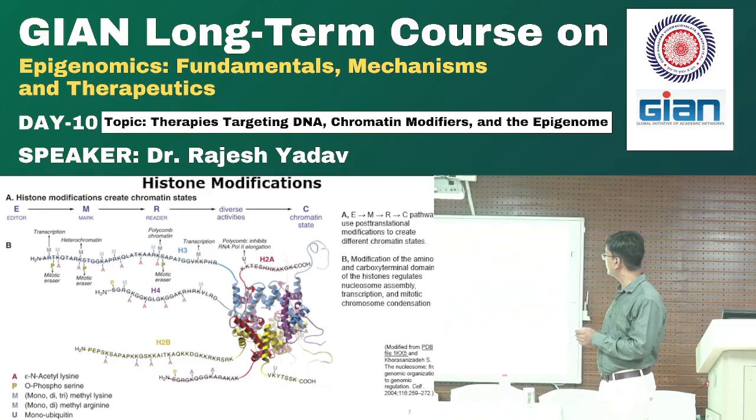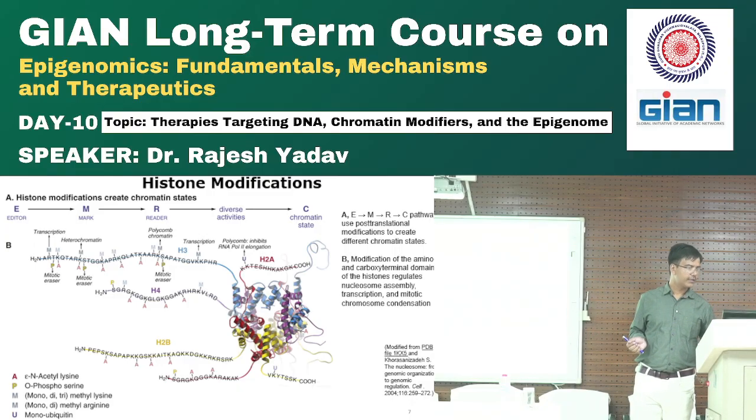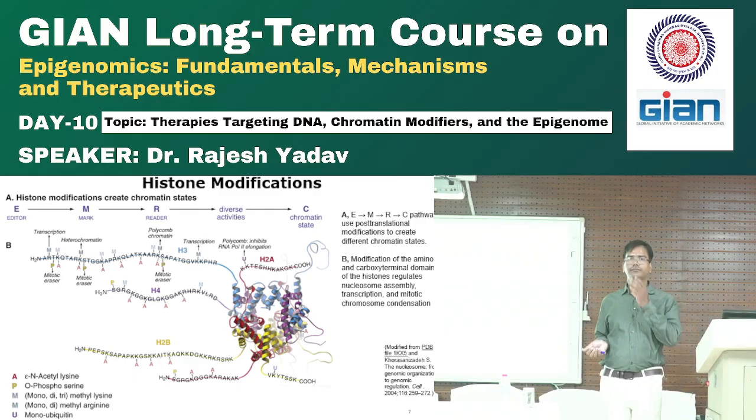Over K27 trimethylation, it will be heterochromatin. And there is another mark here, if it is phosphorylated at this position, there will be no heterochromatin. And sometimes these modifications work in a concerted way. Okay.